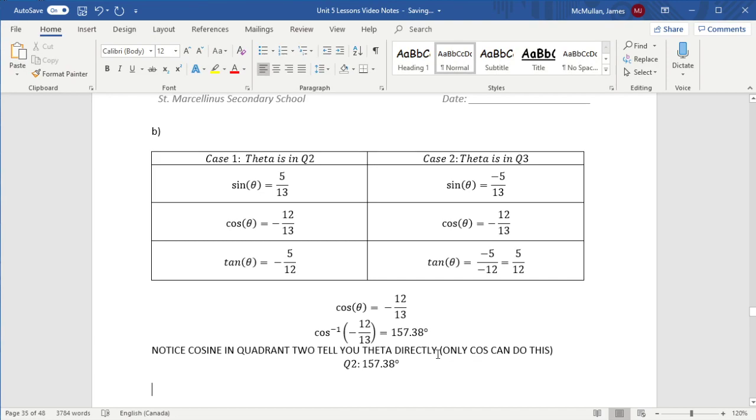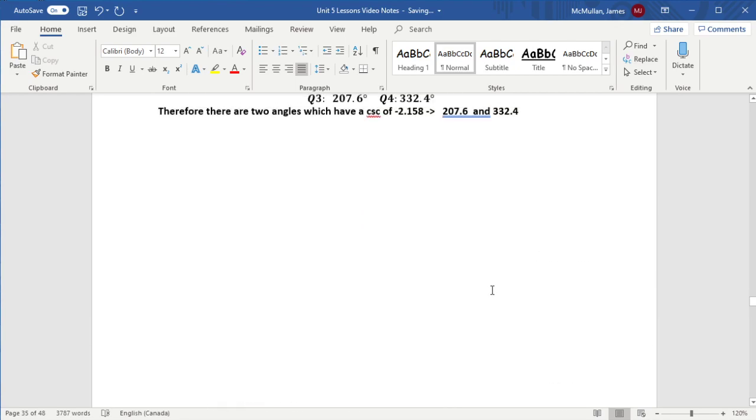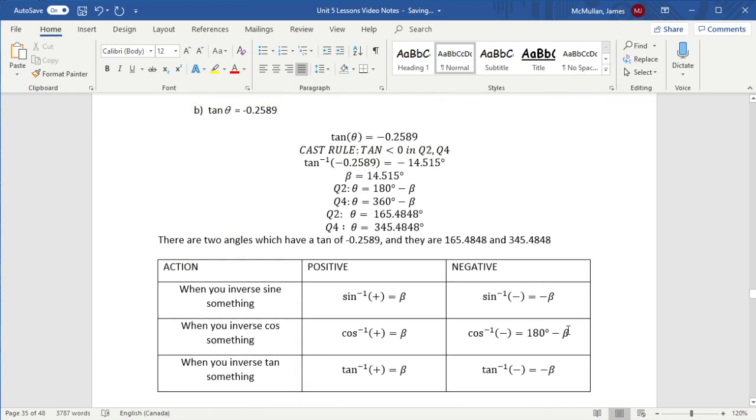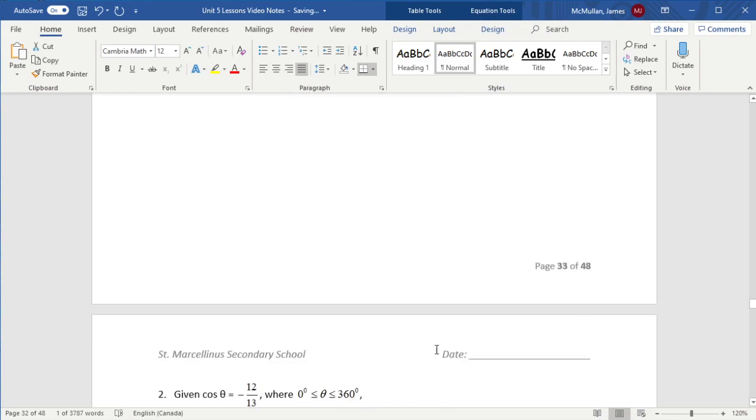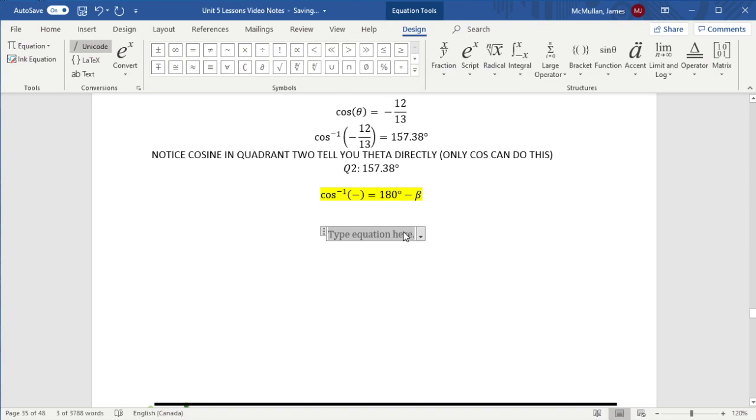The problem is that a lot of people take that, but they forget how to do the quadrant 3 answer. So remember, when you inverse cos a negative number, this is what your calculator is doing. I'm going to copy this down here because it's so important. It's a very common error here. When you inverse cos a negative number, it's telling you 180 minus beta.